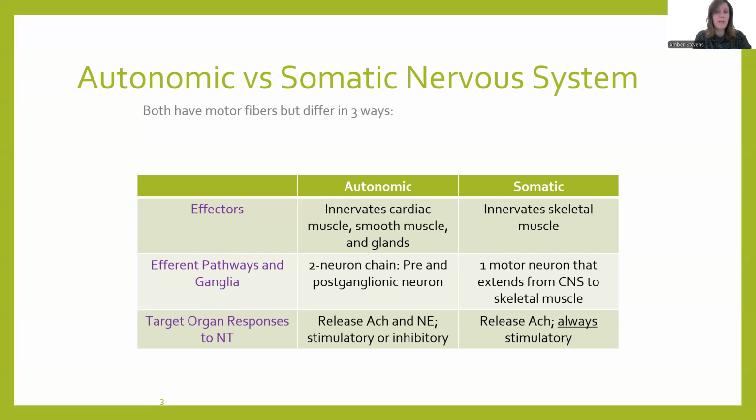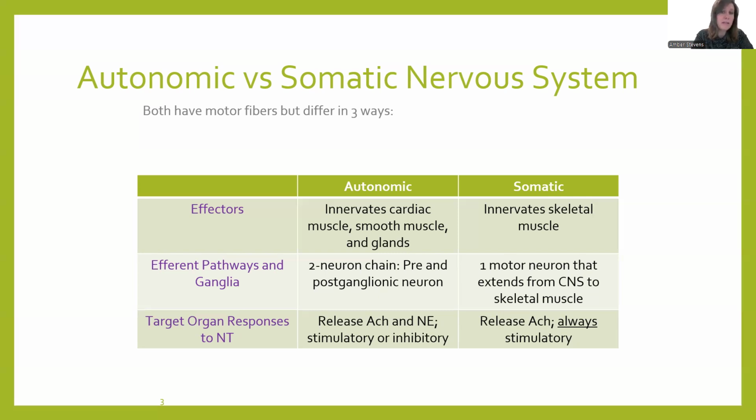And then the degree of voluntary control with the ANS functioning is involuntary. So this chart breaks that down, and so you can see the differences between the autonomic and the somatic.